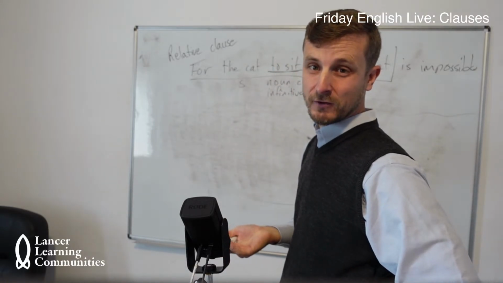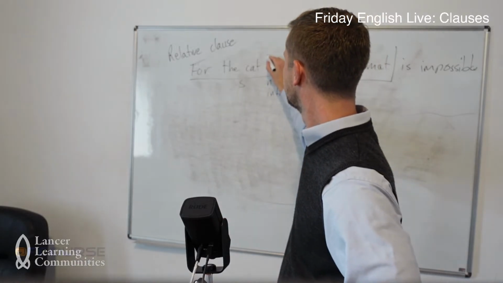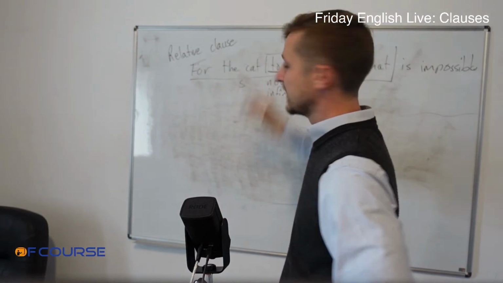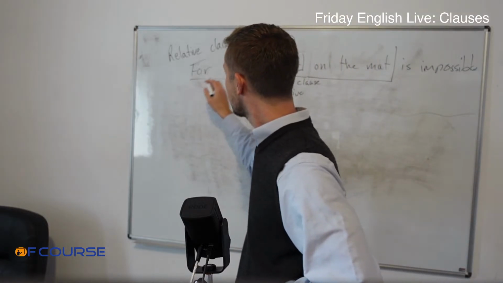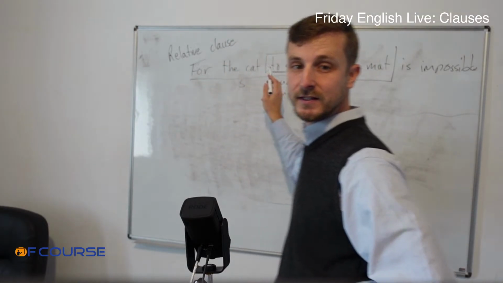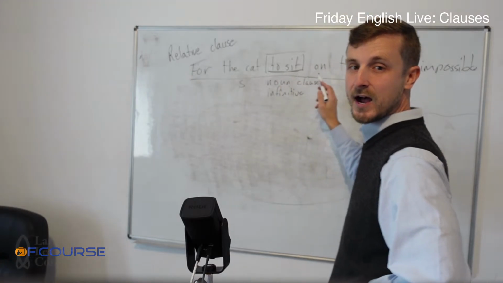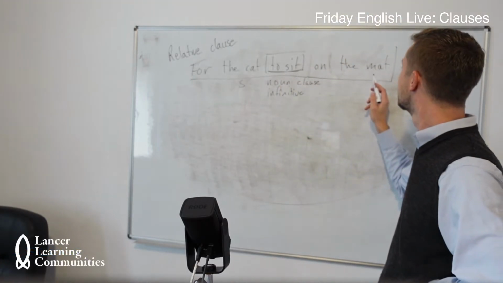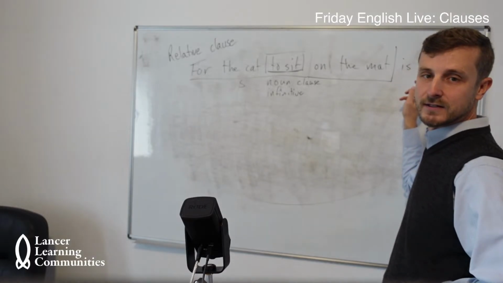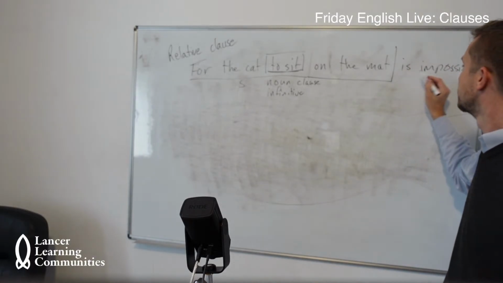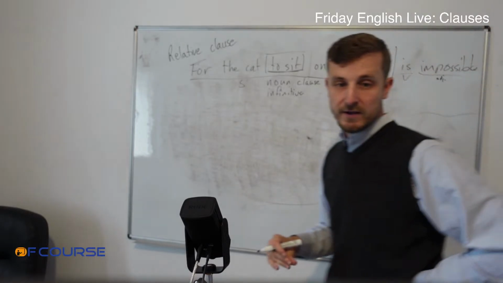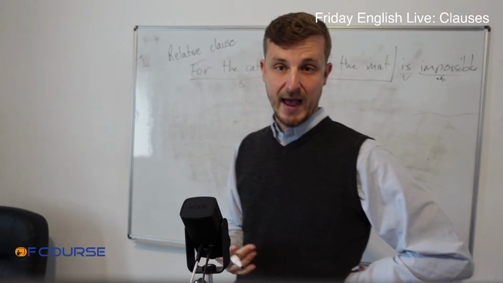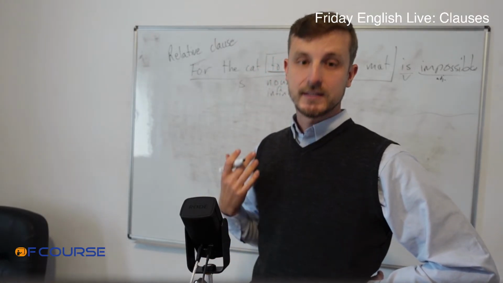Why is it an infinitive clause? Because now we have the verb in the infinitive form. For the cat to sit on the mat is impossible.